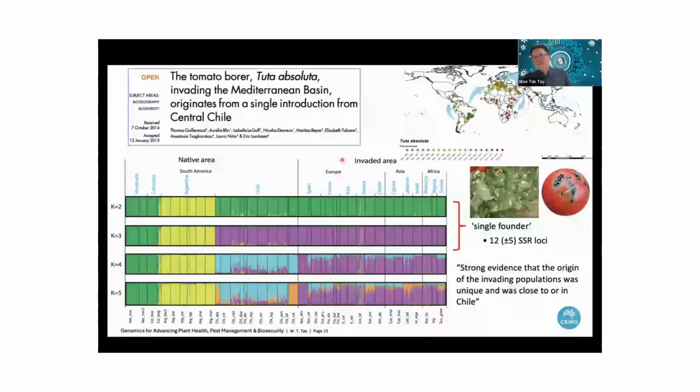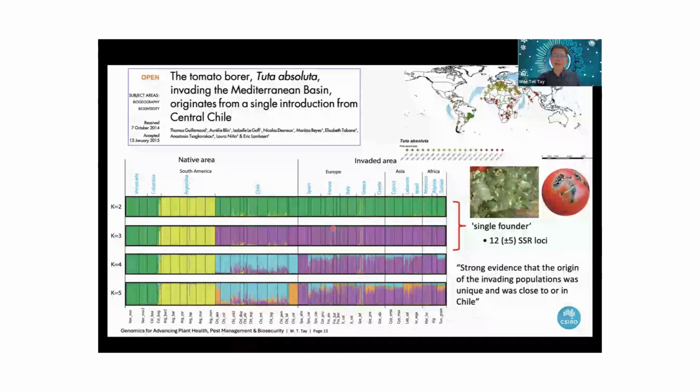So for a single introduction, I'm going to use this Tuta absoluta example to demonstrate a point. For a single introduction, looking at nuclear sequences, they should in effect be fairly homogeneous, because you have a single founding population, such as the native population, which should be the same as most of the subsequent introduced populations.